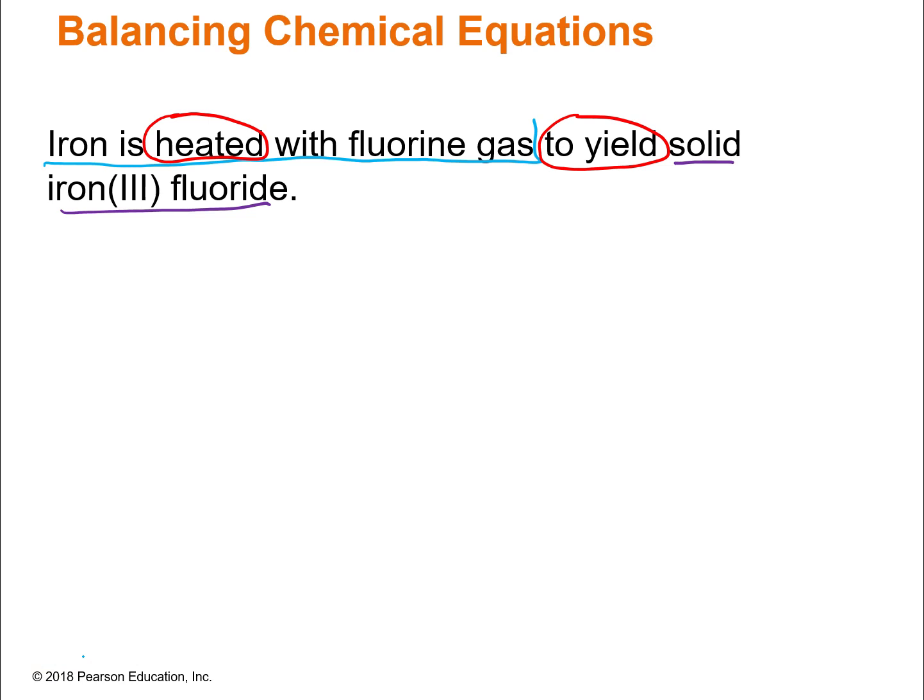It just says iron. So that means it's going to be iron solid, just straight up iron metal. Fluorine gas. That's one of those diatomic molecules I told you about much earlier. So fluorine always flies together. You need 2 of them for fluorine gas.